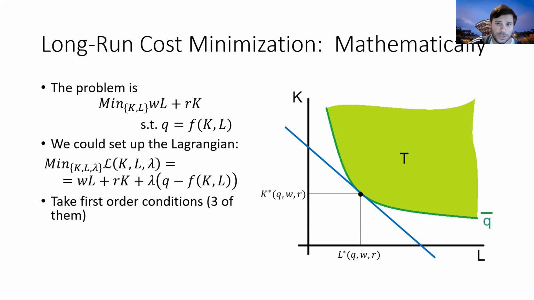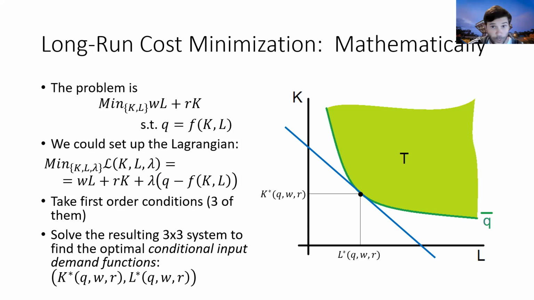So once we take those 3 first order conditions, we will have a system of 3 equations and 3 variables, and we will be able to then solve that system to find the conditional input demand functions for capital and labor.